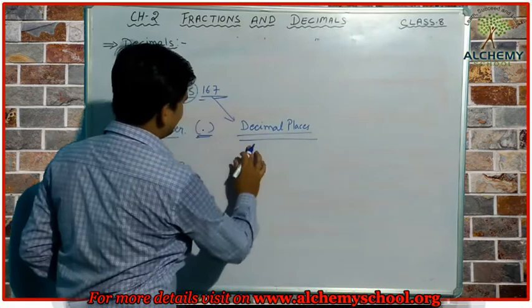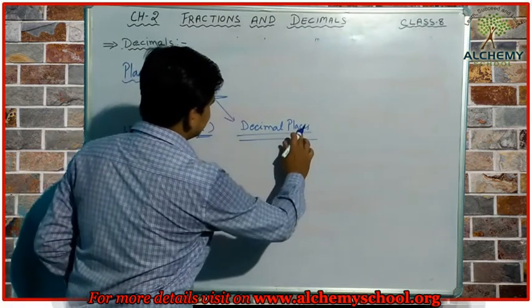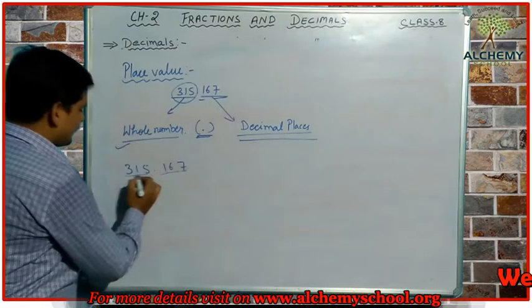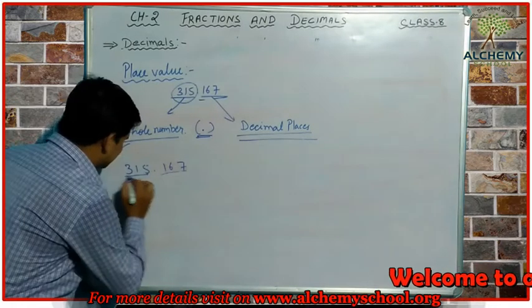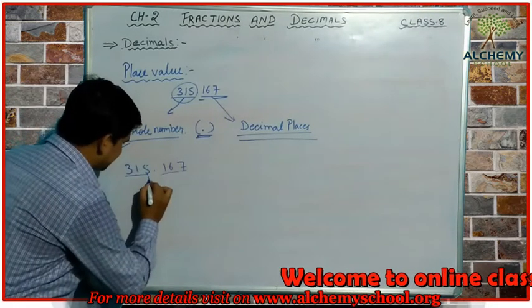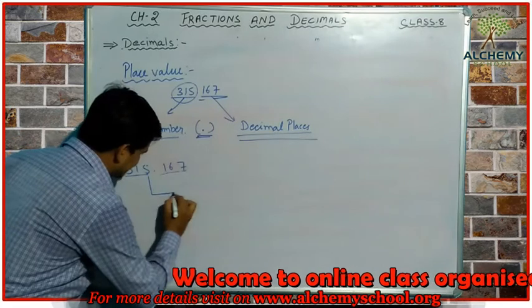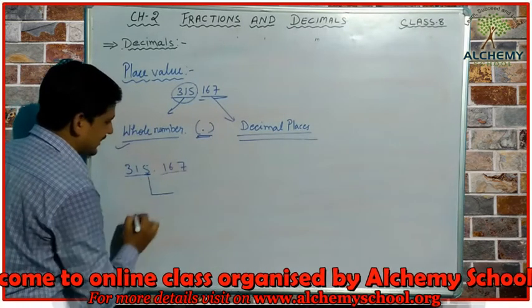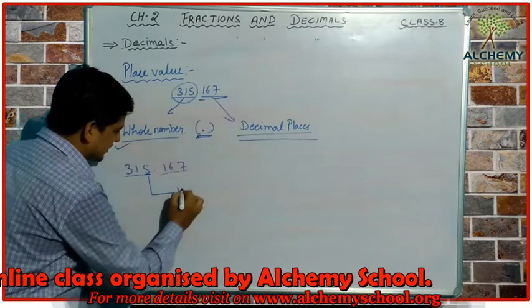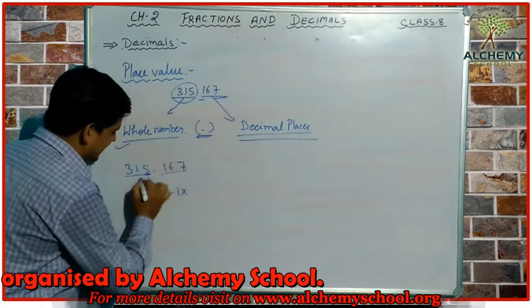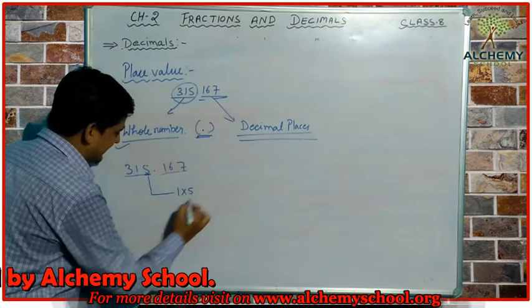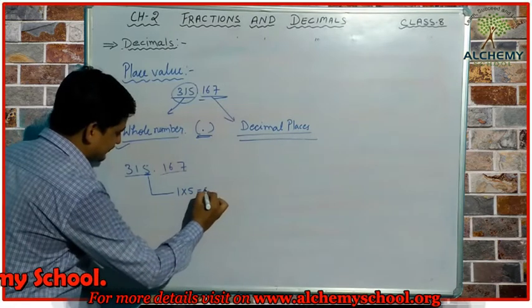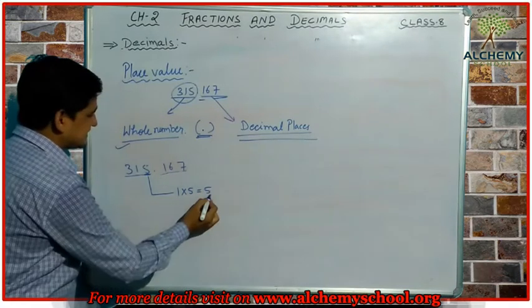We all know the first place in a whole number is represented by the ones place. So the place value of the first digit will be 1, and because 5 is on this place, it will be multiplied by 5 and we get the place value of 5 as 5.